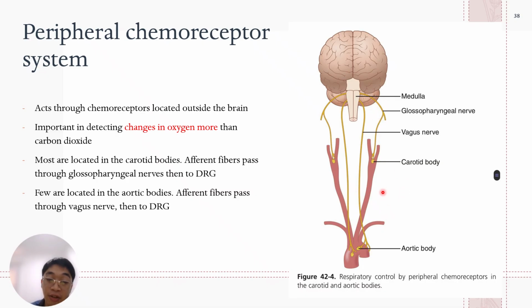Whereas a few peripheral chemoreceptors are located in the aortic bodies, in the arch of the aorta. The afferent fibers pass the signals through the vagus nerve and then to the dorsal respiratory group.